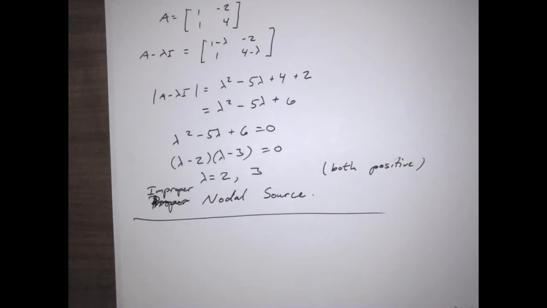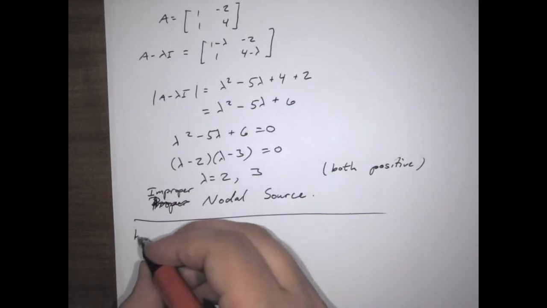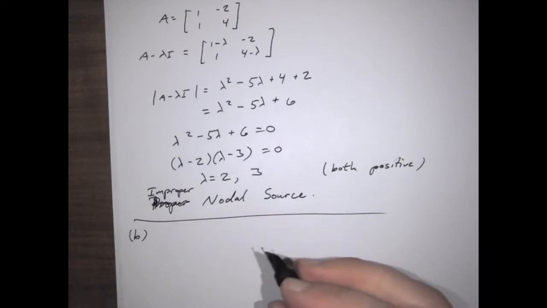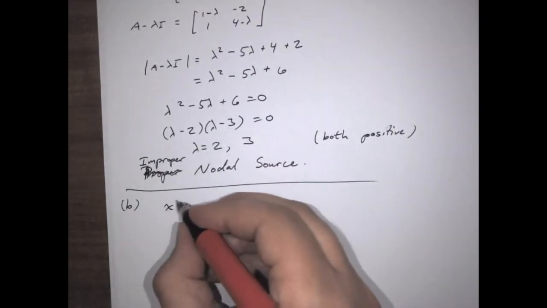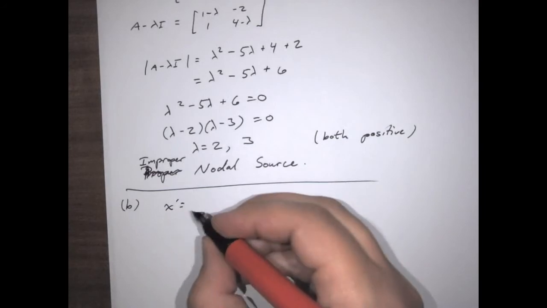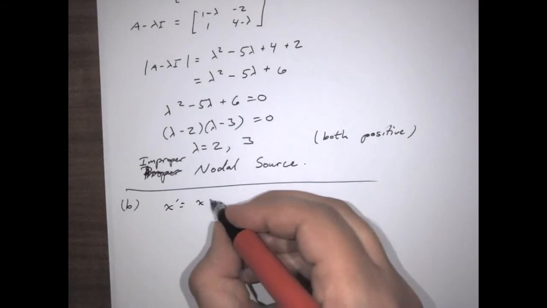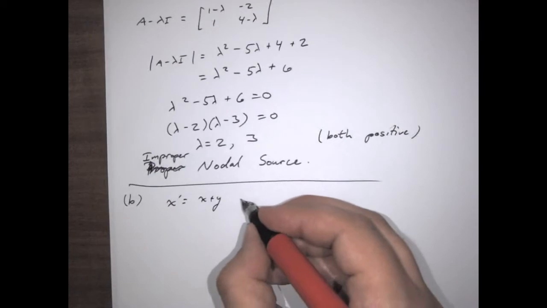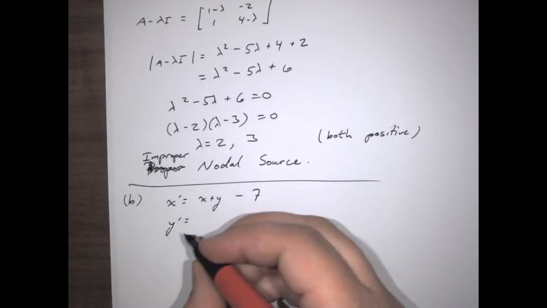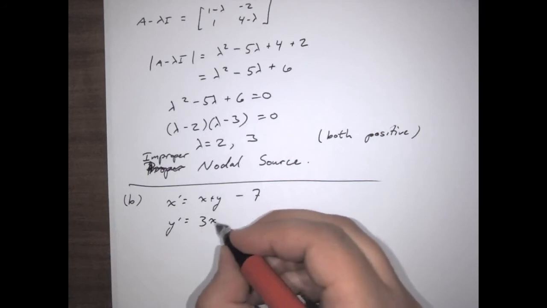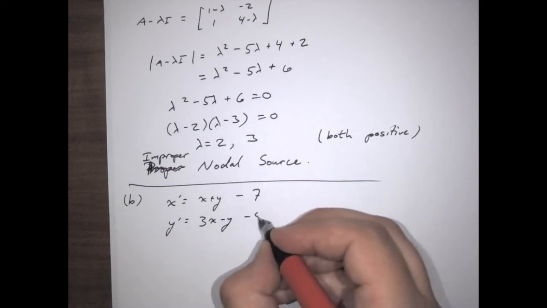Alright, so now let's try this again with something like this. So another example, let's try x prime is equal to x plus y minus 7, y prime is equal to 3x minus y minus 5.